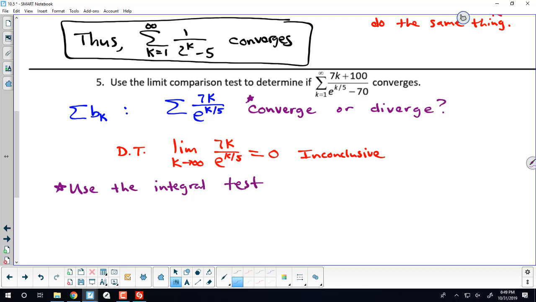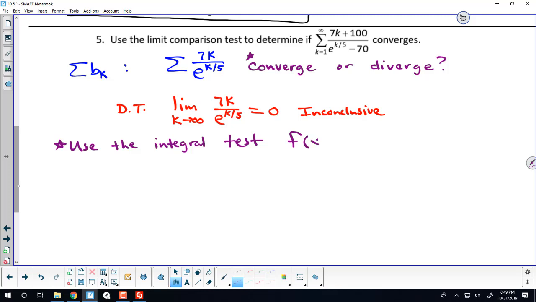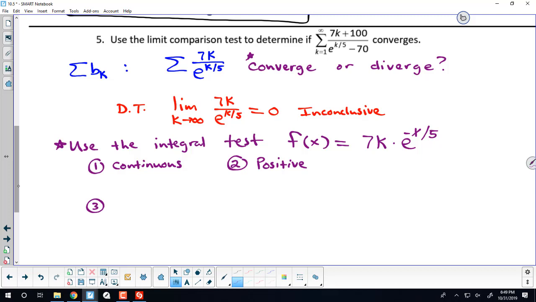So that's a lengthy process, right? Not only do we have to justify this continuous function, we have to determine, is that function continuous? Is that function positive? And is that function decreasing? Otherwise, if one of those conditions isn't met, the integral test would not apply.